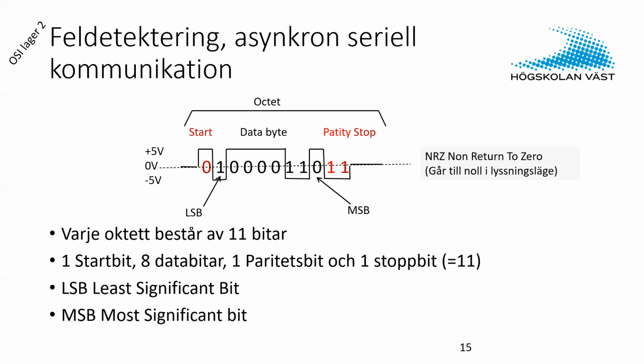But when you do asynchronous serial communication, you need some way of telling the other end that now I start to send, and you have a start bit typically that signals that now it's time to start receiving all the bits in this byte. In this example, you have a start bit, and then 8 data bits, and then a checksum parity bit that you can use to detect errors. And then you have a stop bit that tells the receiver that this is finished.